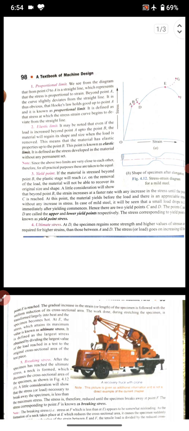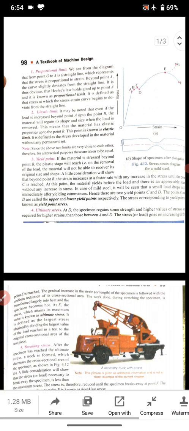You may use rubber, that is hair band type rubber, and you may stretch it. If you stretch and release the load, the rubber regains its shape.